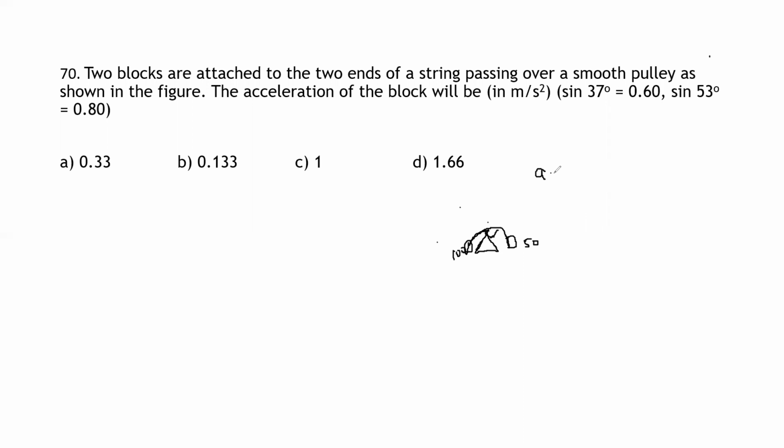The formula for acceleration is equal to (m1 g sine alpha minus m2 g sine beta) whole divided by (m1 plus m2).